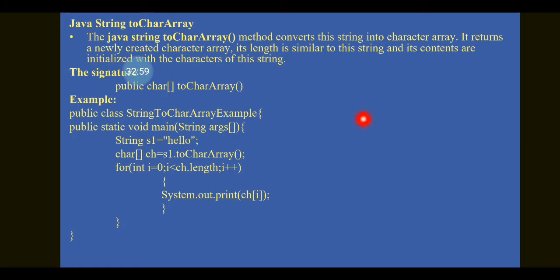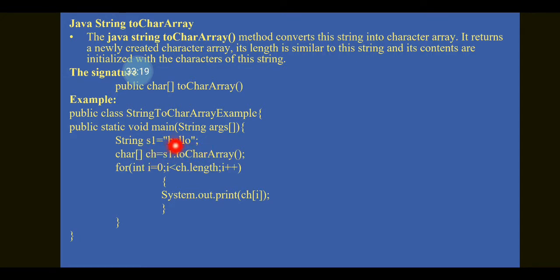And toCharArray is the method which is used to convert the string into the form of a character array. So s1.toCharArray, so that hello is stored as individual characters in a character array.